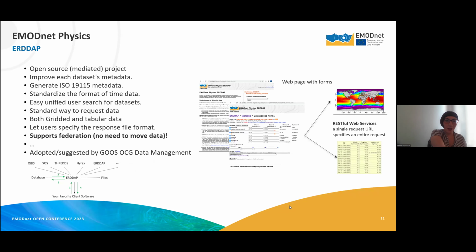One of the tools that we use most is ERDDAP, which I believe many of you already know and use, which is an open source tool that allows us to link the datasets with the metadata and to present them in the form that I've been showing earlier. So that can be presented in the EMODnet platform, but also in many other different visible ways, such as the map that is shown in the picture.